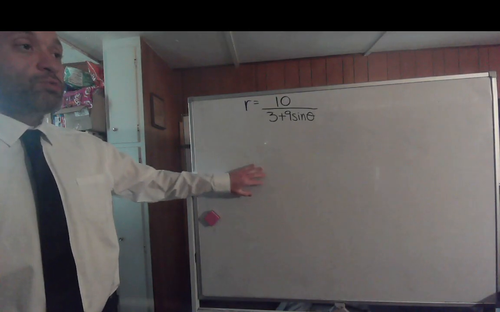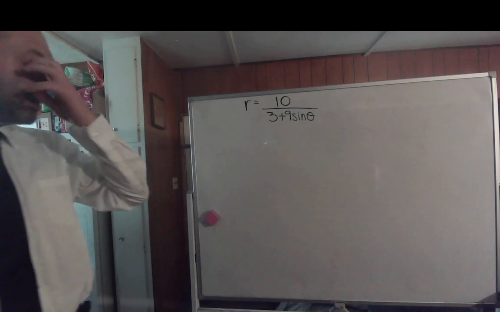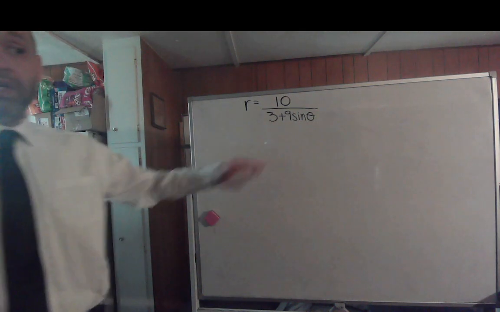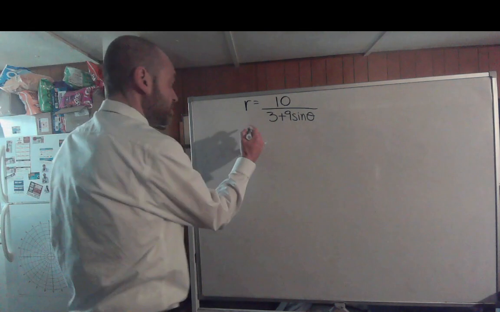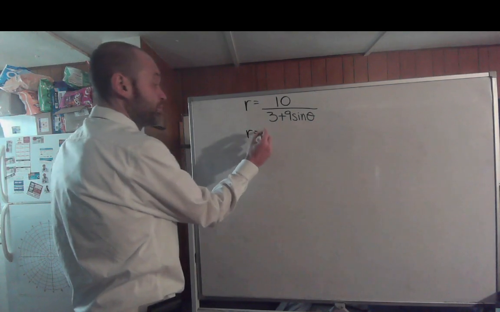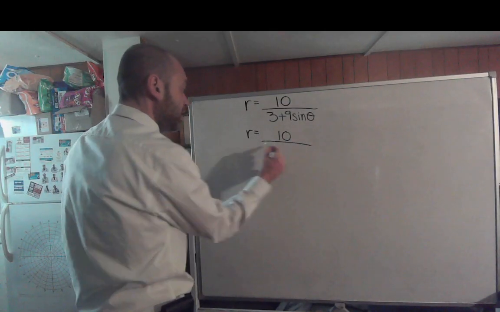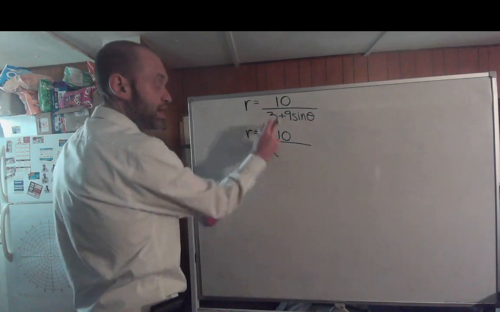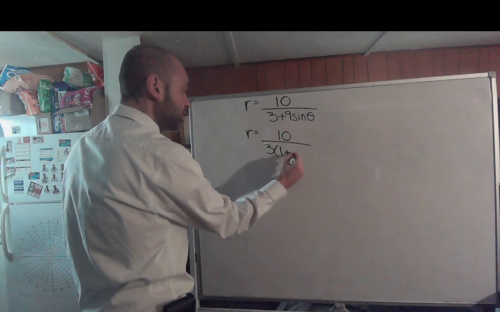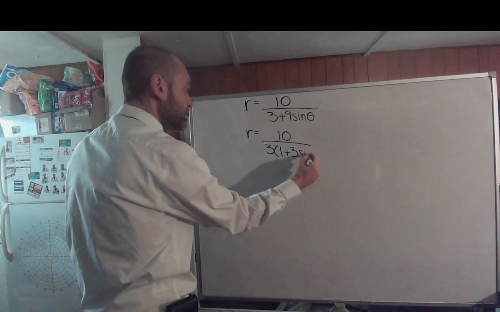Again, forget your numerator, just look at your denominator. The constant term's a 3, we need to make that a 1. So we'll factor out a 3 in the denominator, so r is going to equal 10 all over 3 times, we factor out a 3, this would turn into 1 plus 3 sine of theta.